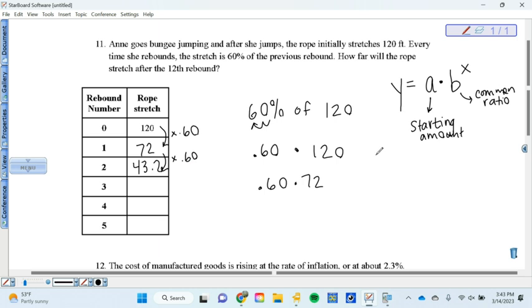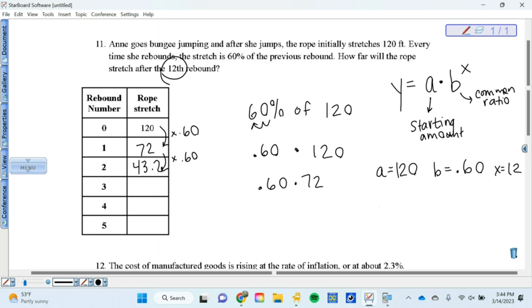That's my common ratio. That's my B. So in this example, what is A? 120. What's B? 60%, 0.6. And then what do you think I'm going to use for X? Yeah, 12, my 12th rebound.